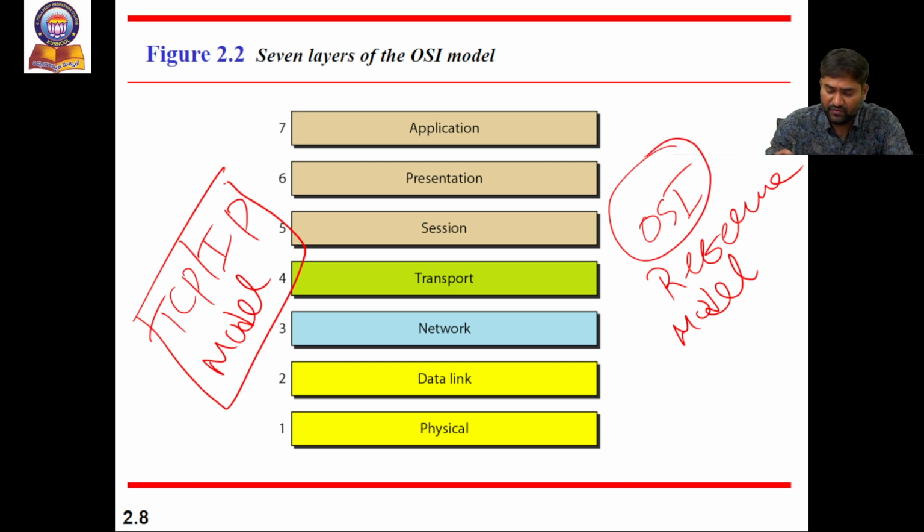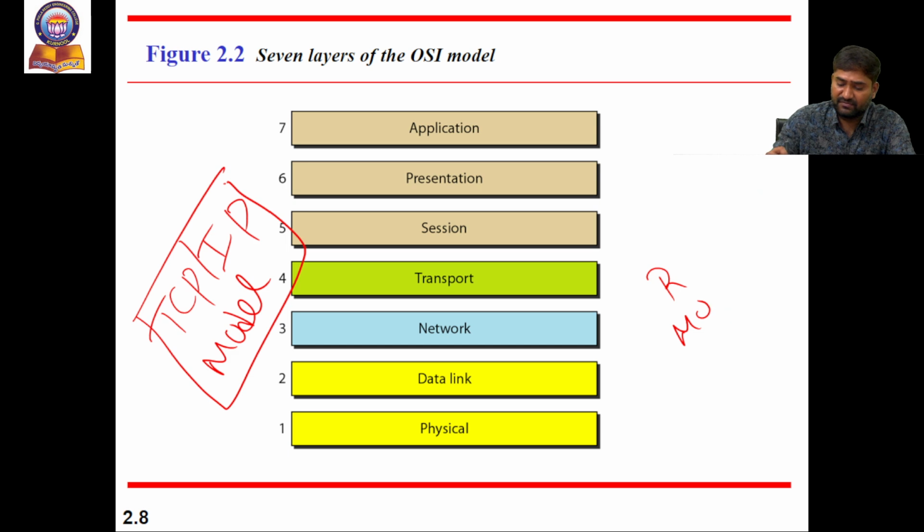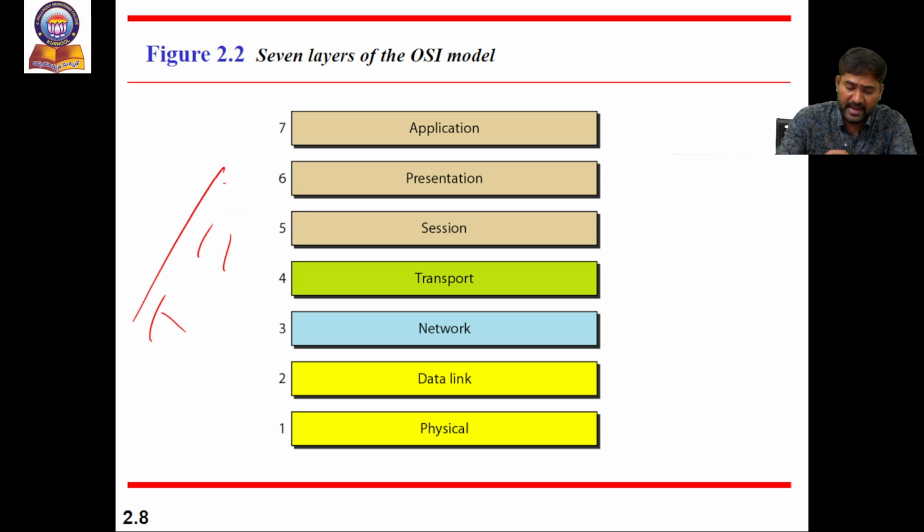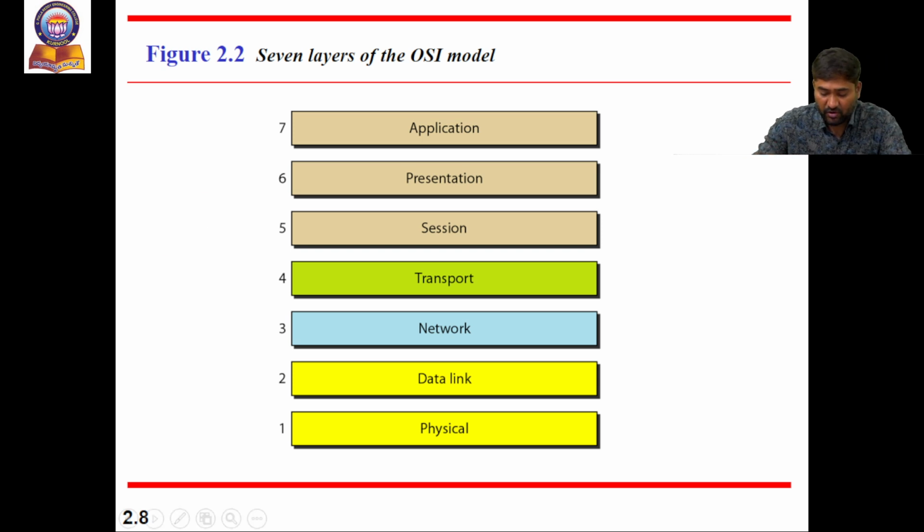So we go through all the layers inside the OSI reference model, and after completing all these layers and their responsibilities, we go for the TCP/IP model. Just to recall, the layers are the physical layer, data link layer, network layer, transport layer, session layer, presentation layer, and application layer.